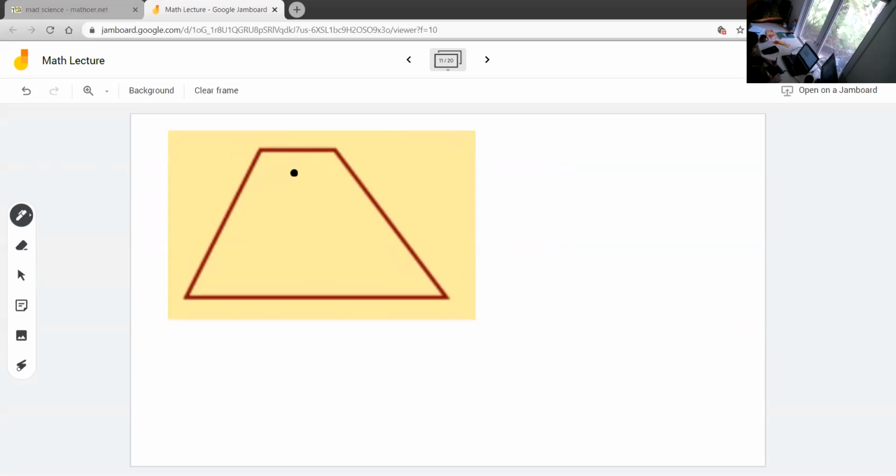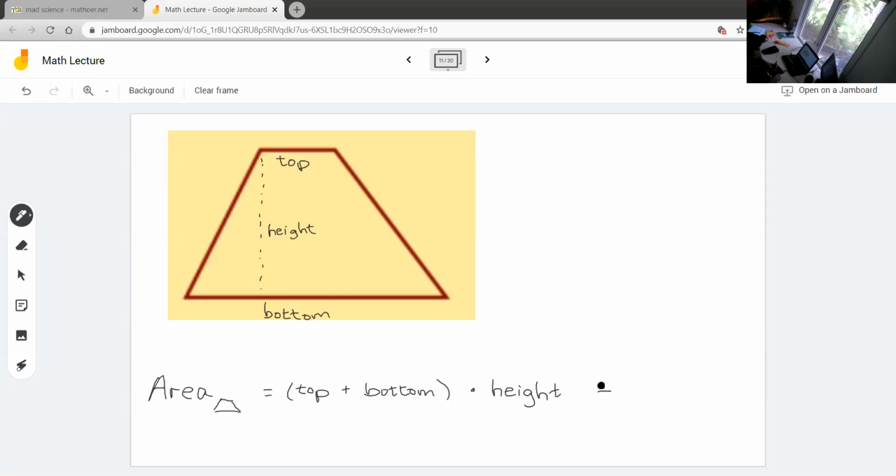So we have our top, we have our bottom, we have our height, so the area for this thing is top plus bottom times the height and divided by 2.